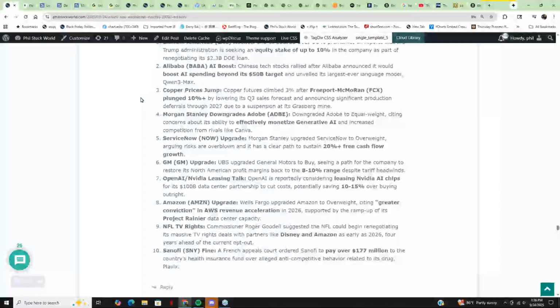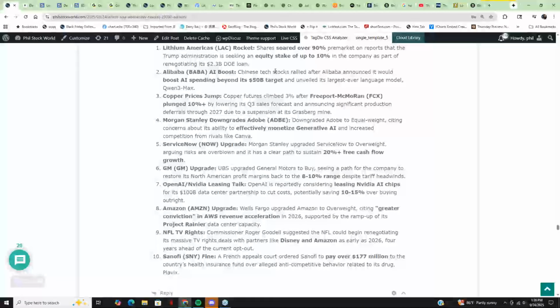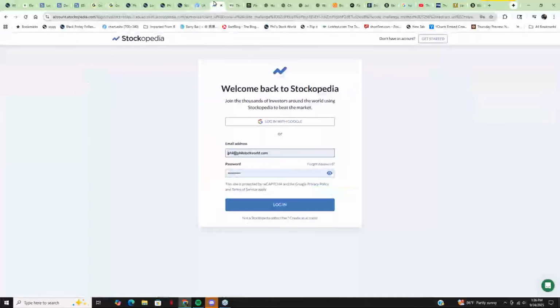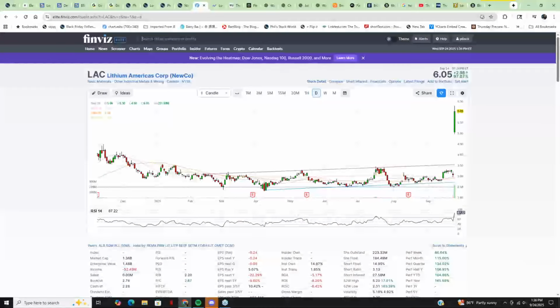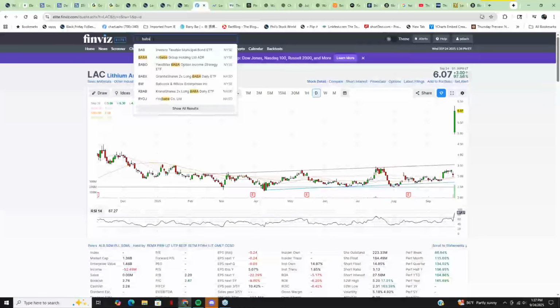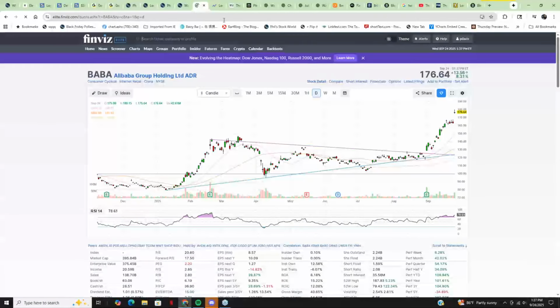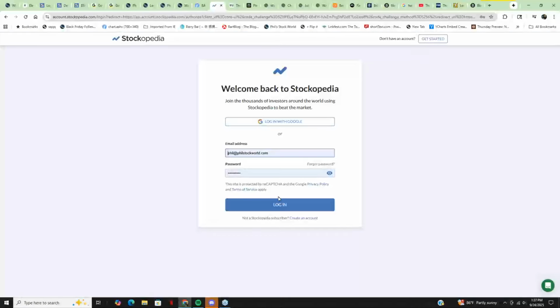Alibaba. Alibaba is spending more money on AI, and so many things drive me crazy these days, I've got to tell you.